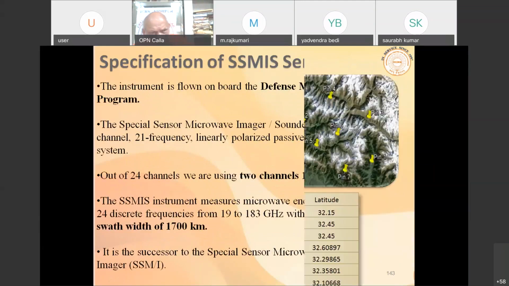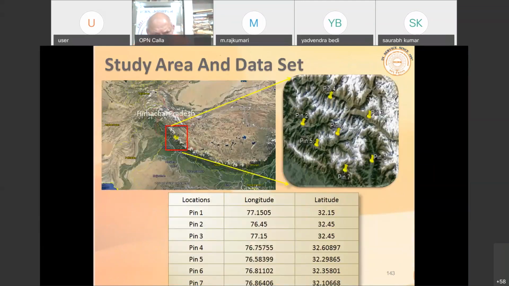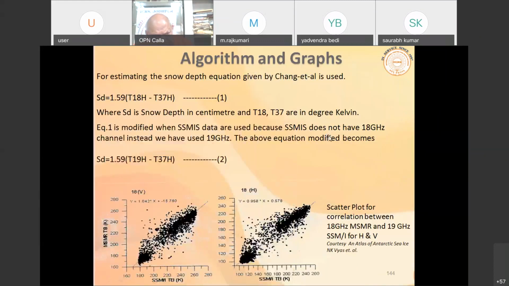And here you see basically the study area, and then you see the snow depth, the extent of the snow there in the environment. And again here the spread is with respect to SMMR temperature and SSMR temperature.